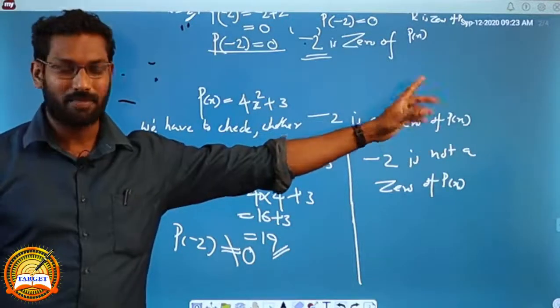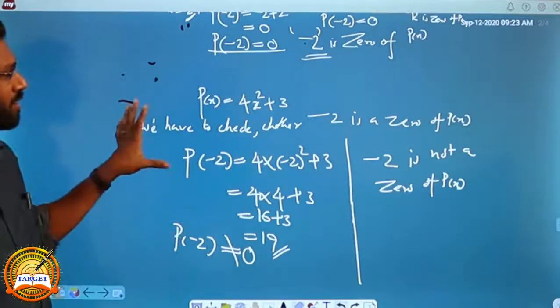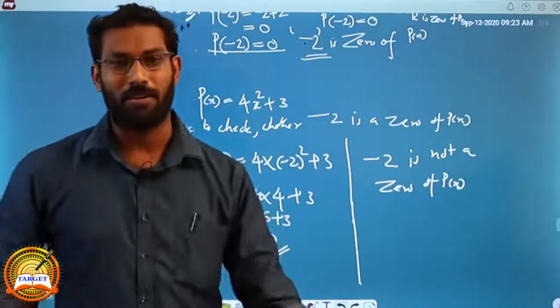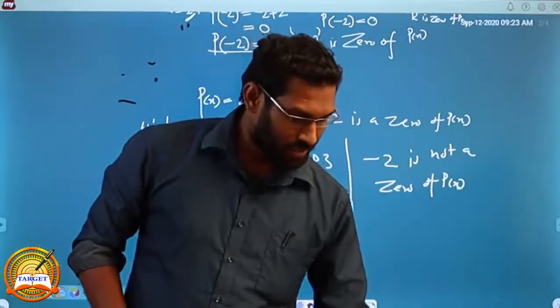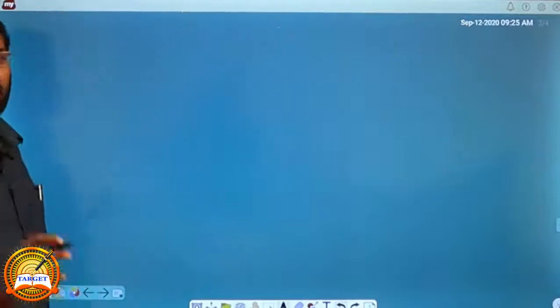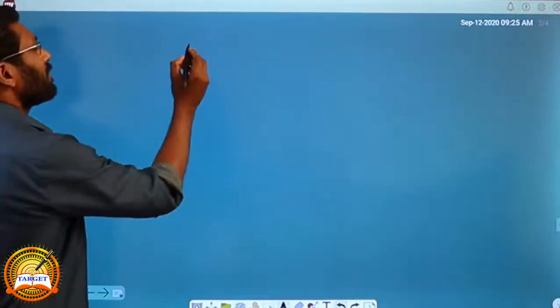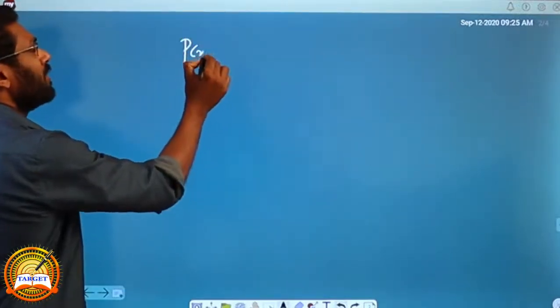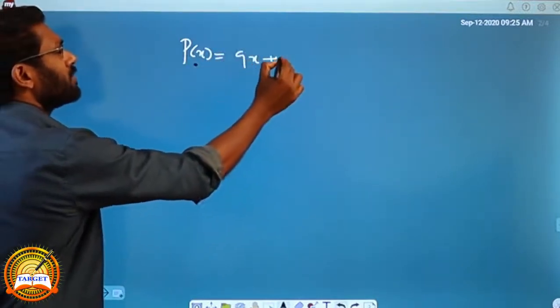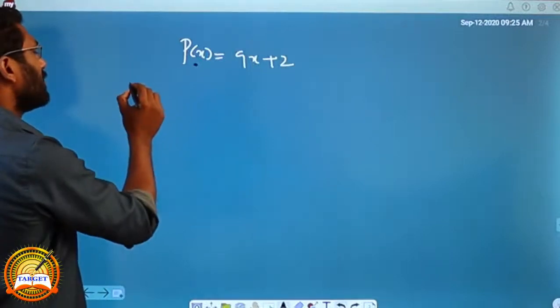You understand? So this is about how we can check whether a value is a 0 of a polynomial or not. Okay, so I am giving you another example. Suppose the polynomial is given as p of x as 9x plus 2.